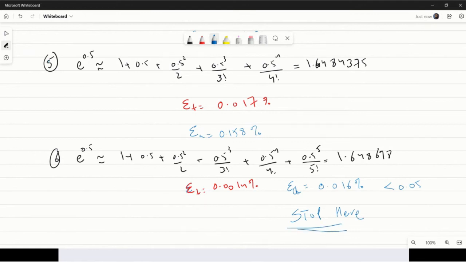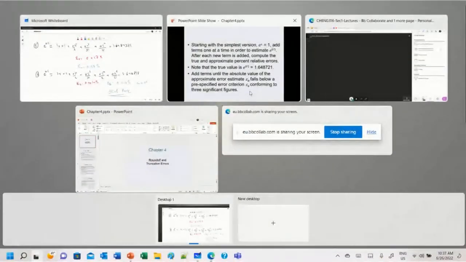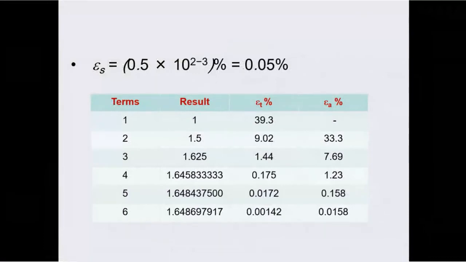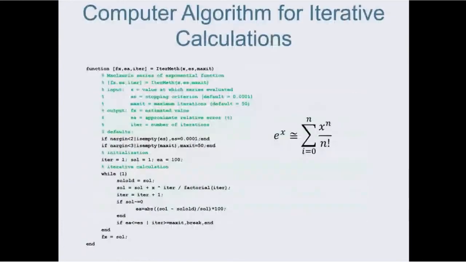So we see how adding the terms makes the error come down, and we have seen how to find the true error and how to find the approximate errors in the different values that we obtain. This is what we have here. We have seen the different values that we found, and the true error and the approximate error in each of the values that were found.